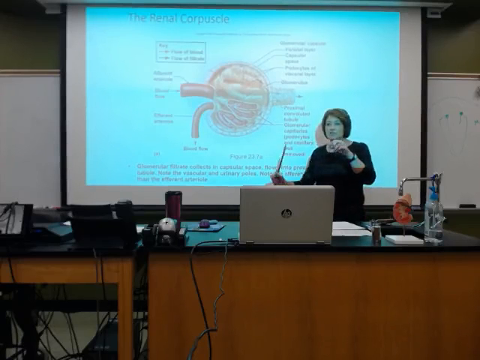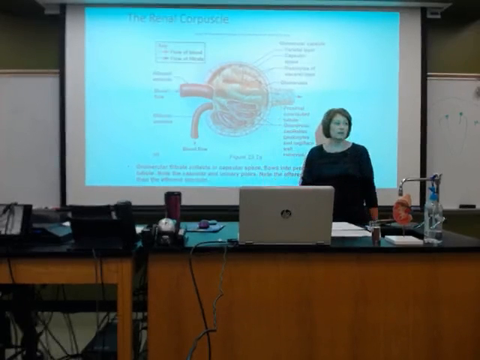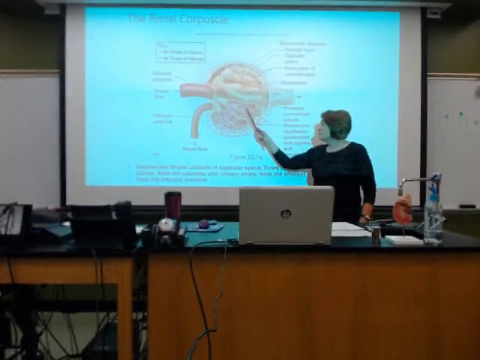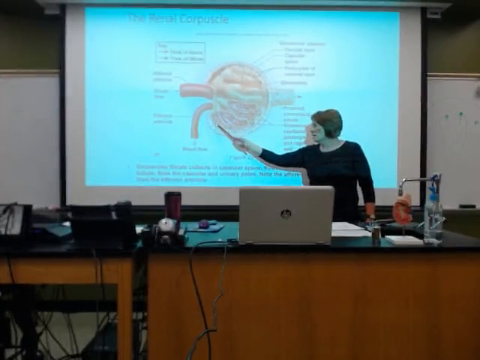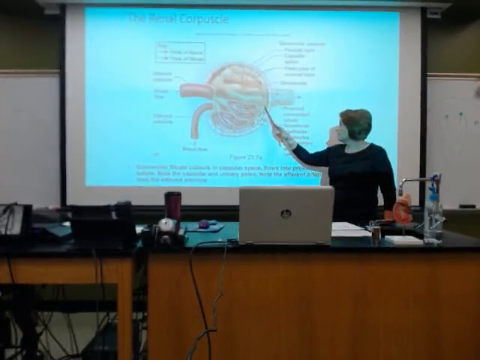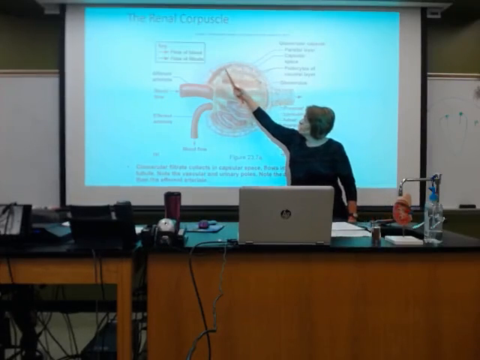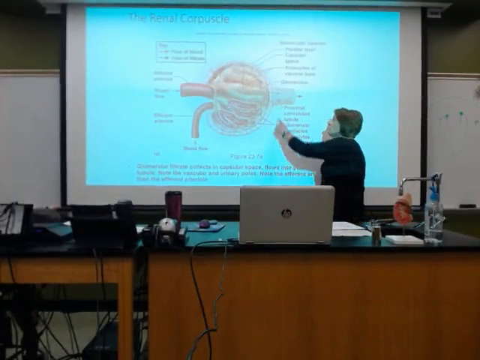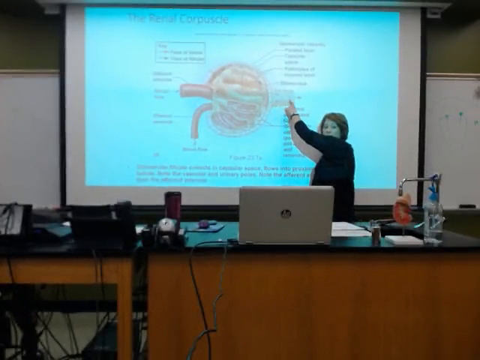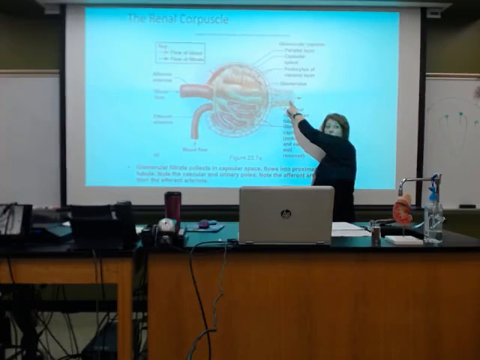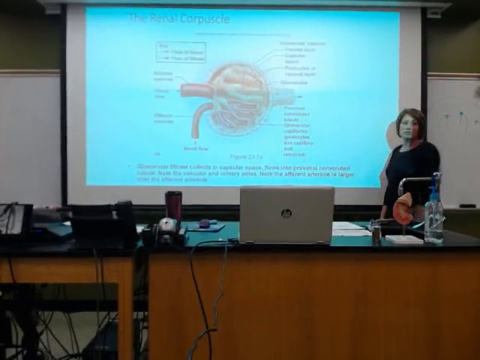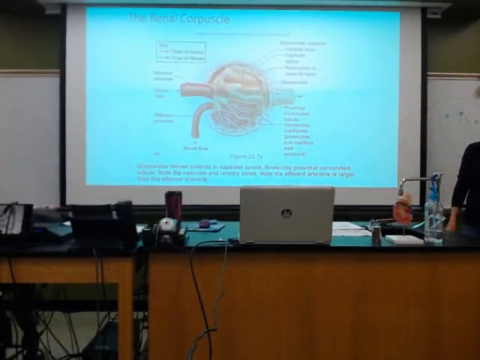This is the filtering of the blood. The stuff that gets pushed out becomes the fluid found in this capsule, and that fluid will now leave by way of the urinary pole and begin moving through the loops, the tubes.